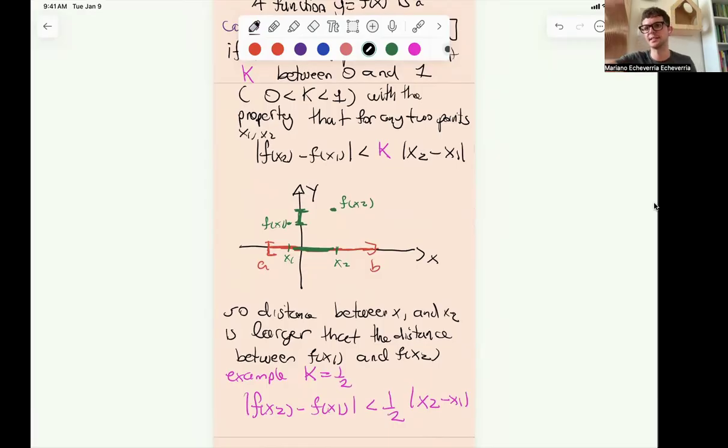So when you compare distances in the image, it shrinks, but by this factor. It contracts it by some predetermined factor. The k could be one half, or one third, or one fourth, etc. Whatever the number happens to be, it just has to be less than one because that guarantees that it shrinks it. Is that making sense?